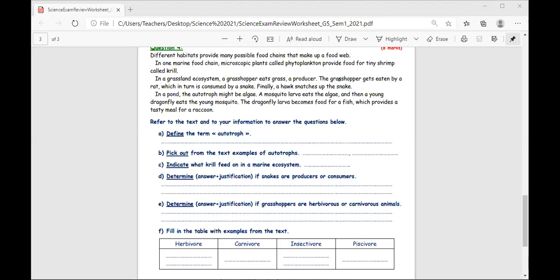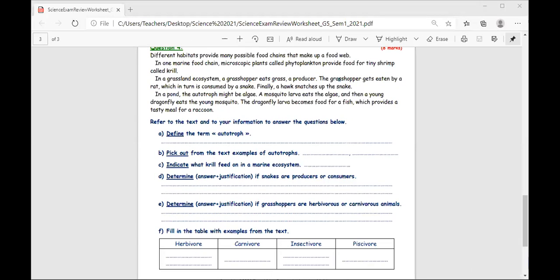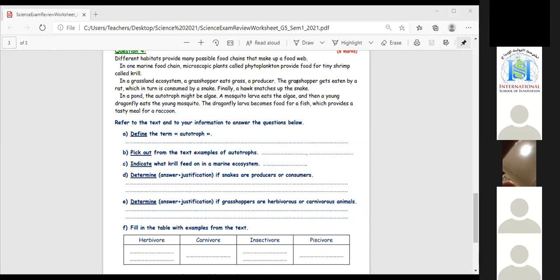The algae is eaten by a mosquito larva. The mosquito is eaten by a dragonfly. The dragonfly is eaten by a fish. And then we have a raccoon that eats the fish.